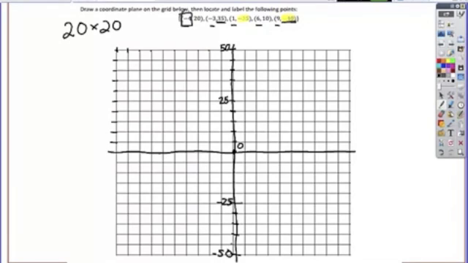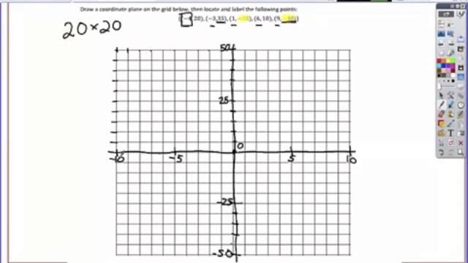They only count up by ones so I can cluster them together like I did my last one. 1, 2, 3, 4, and 5. 1, 2, 3, 4, 5, and 5 plus 5 equals that 10. Going to my left side, 1, 2, 3, 4, 5. Negative because I'm to the left of 0. Then I know this will be a negative 10.